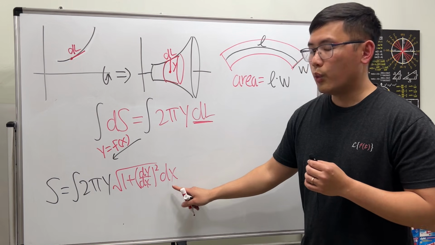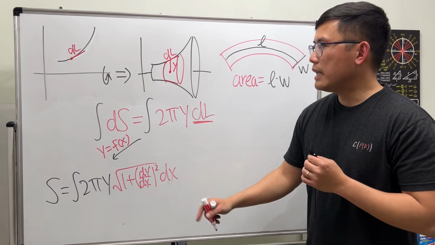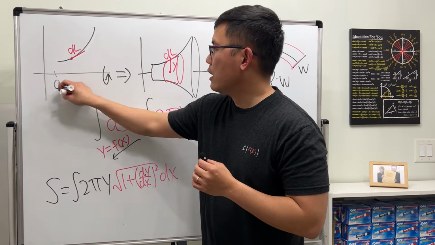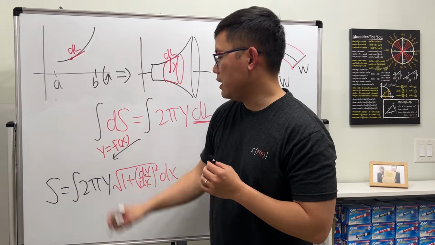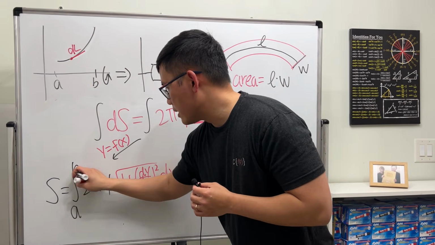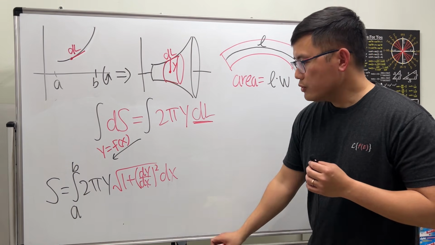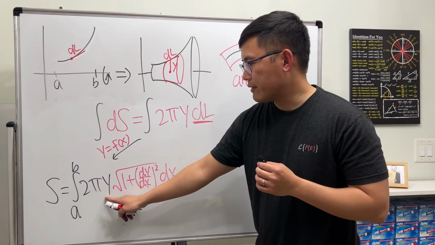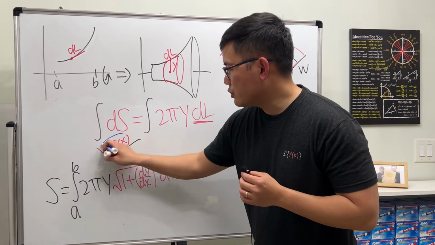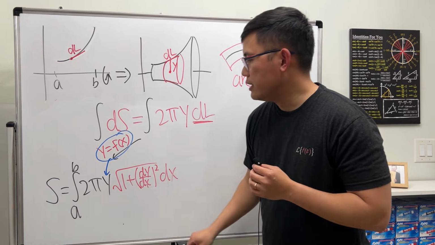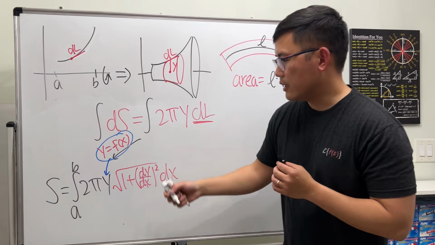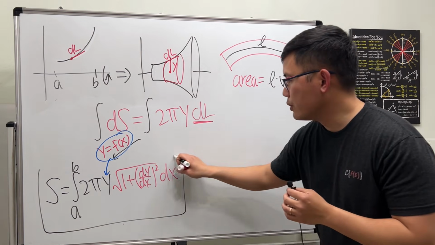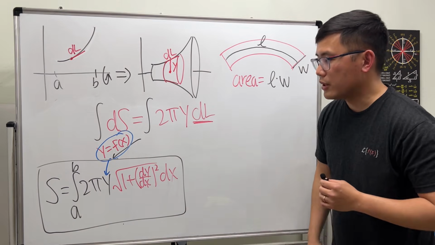Then you can see that we are in the x world. That means we have to look for the x values going from a to b. And we also have to be careful. In the x world, we have the y, which is not allowed. So make sure you substitute this right here for that, and then make sure you do that when you set up your integral and do the computation.